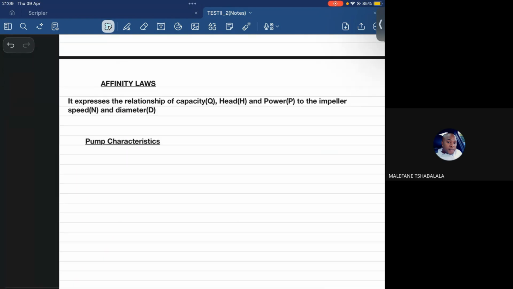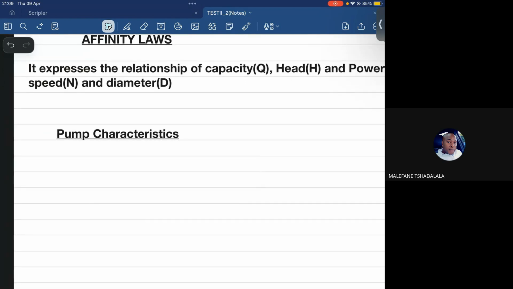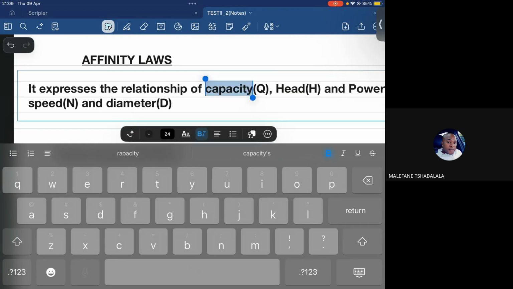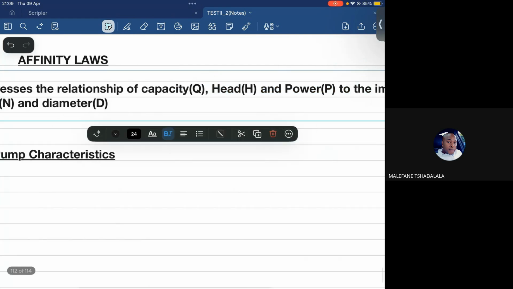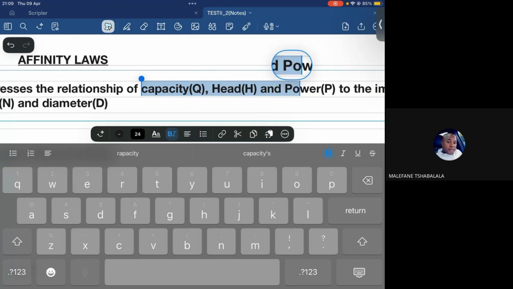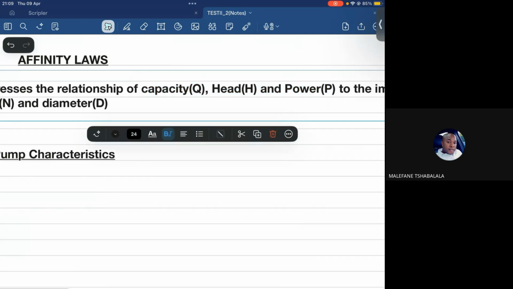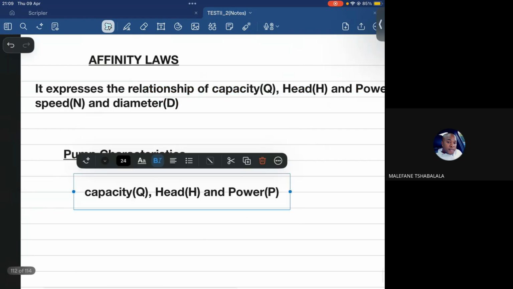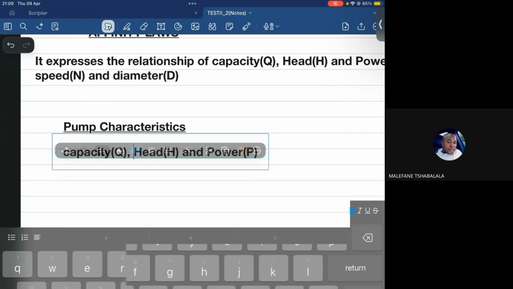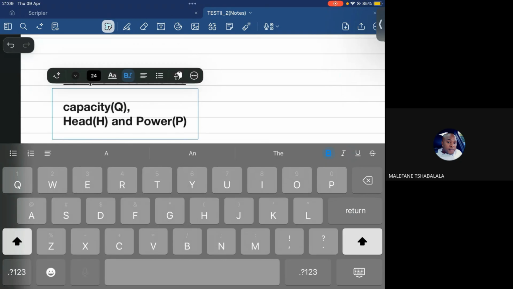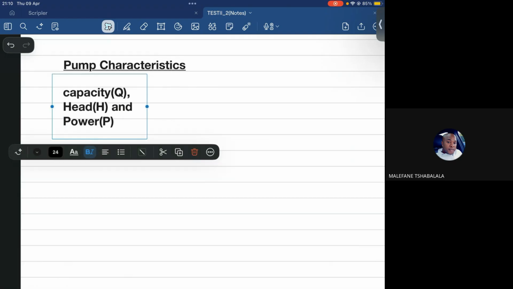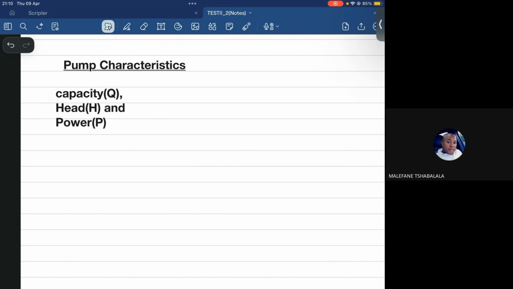The characteristics that we have for the pump are capacity, the power, as well as the head, of course. Capacity, like I told you, is the volumetric flow rate. So these are pump characteristics.